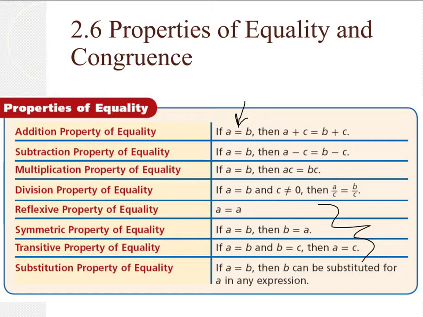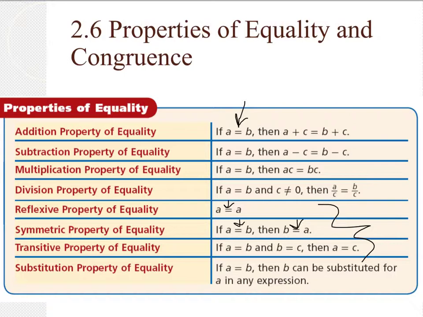They're the exact same three properties as congruence, except we're dealing with an equal sign instead of a congruent sign, if you notice right here, on each of these. Addition property of equality, you can break that up. If A equals B, then A plus C is equal to B plus C, adding to each side.